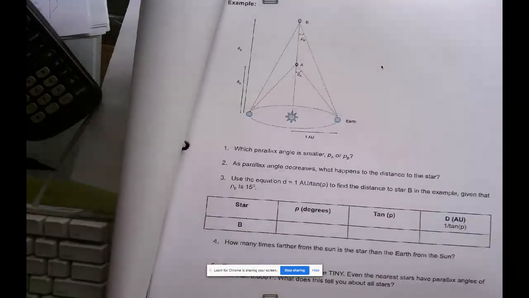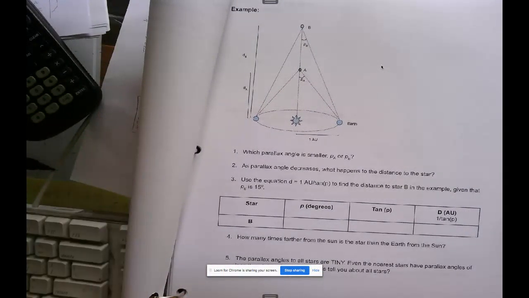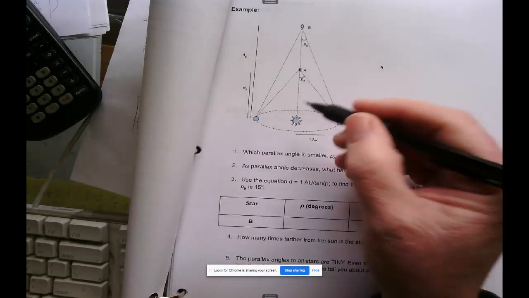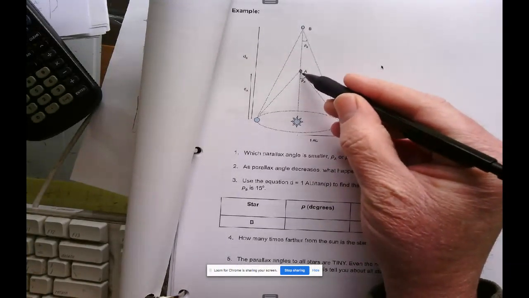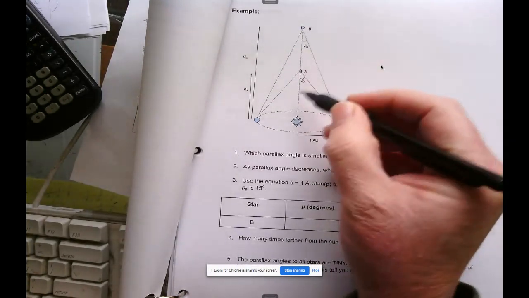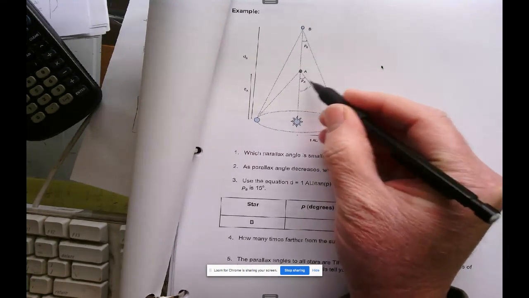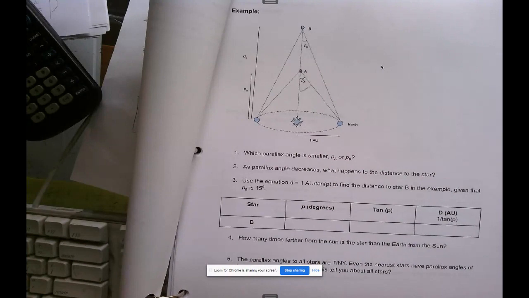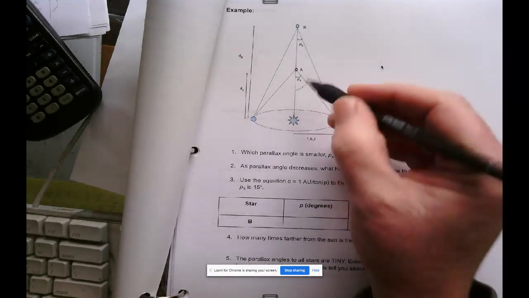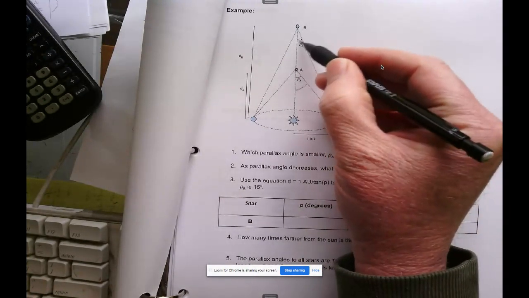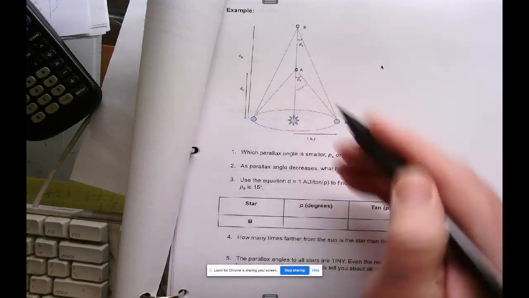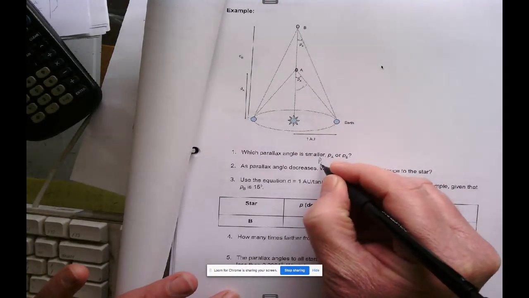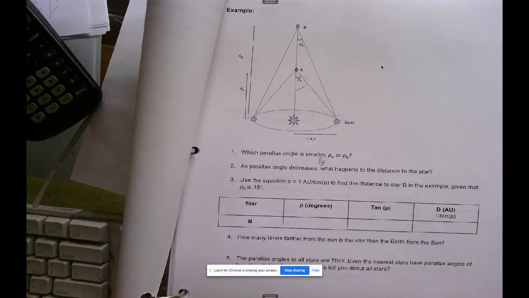All right, so here is our example for this. We have the sun here, the Earth here. Here is star A, here is star B. Here is the angle for A, and here is the angle for B. And then which is smaller, A or B? A is here, B is here. B is a skinnier angle, so P_B is the smaller angle.